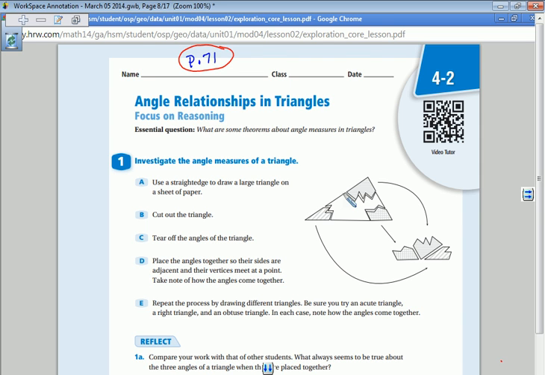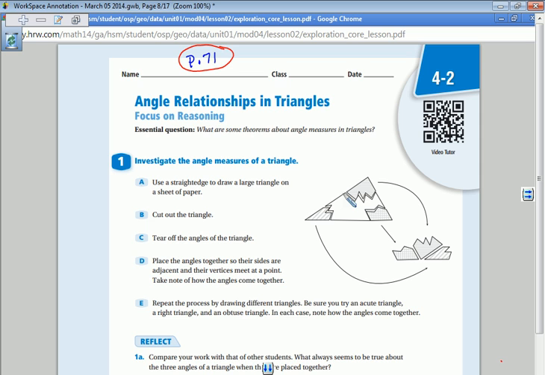And we need it all to be this way. So what were you putting all three together? They made a straight line.